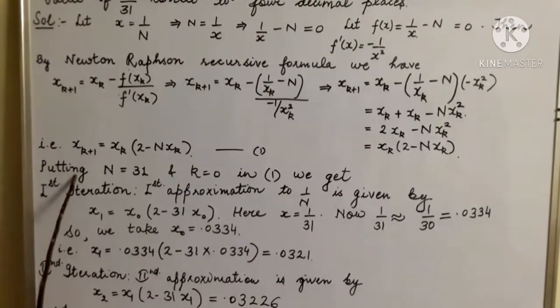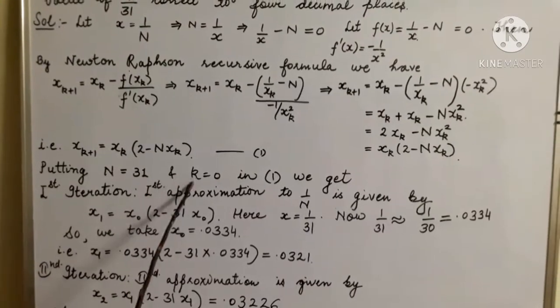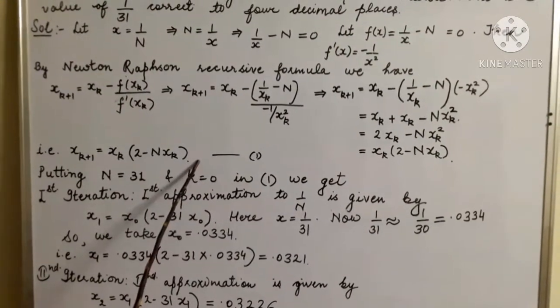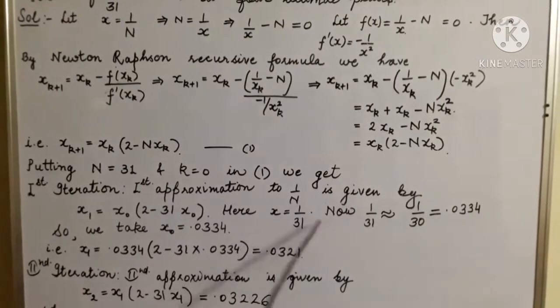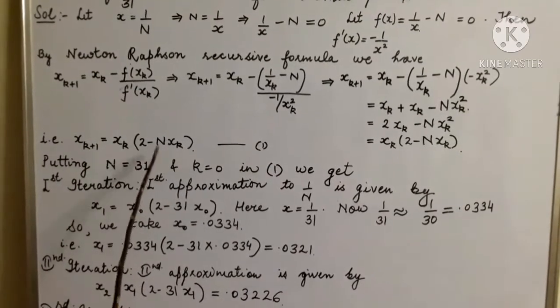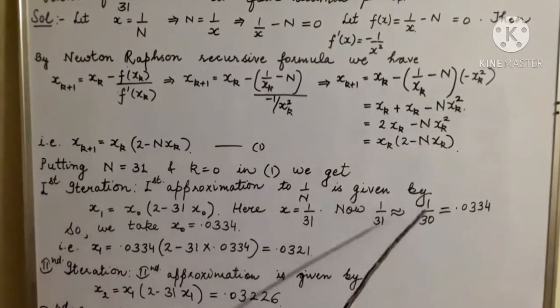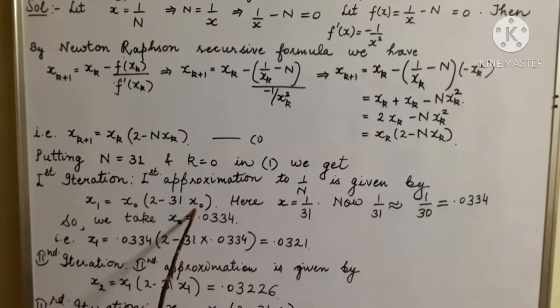Now here what I have written is this, that putting N equal to 31 and k equal to 0 in this equation 1, we get the first approximation to 1 upon N as x1 equal to x0 into (2 minus N, in place of N we are having 31, into x0), right?